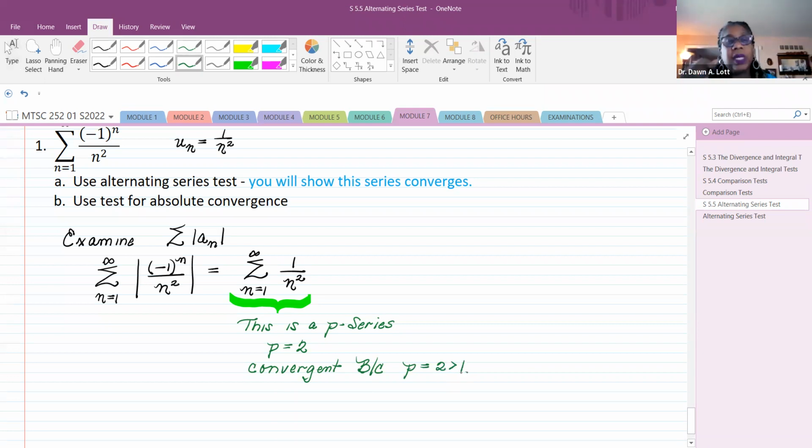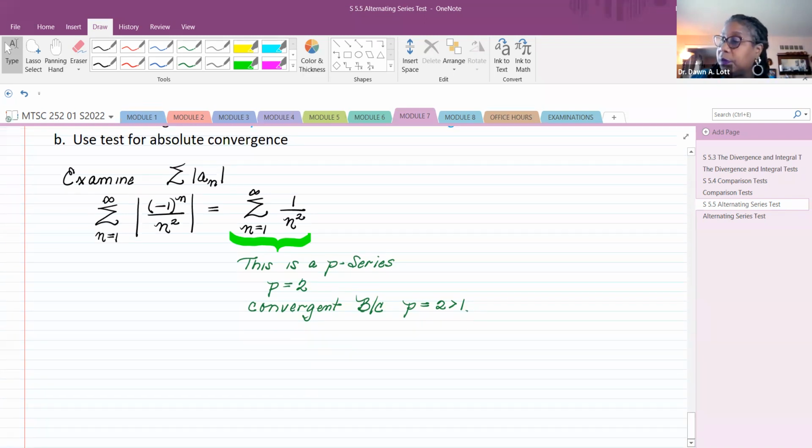Okay. So when I take the absolute value of the terms in the series and sum that, I end up getting a P series. And that P series converges. So the summation of the absolute value of a_n converges.